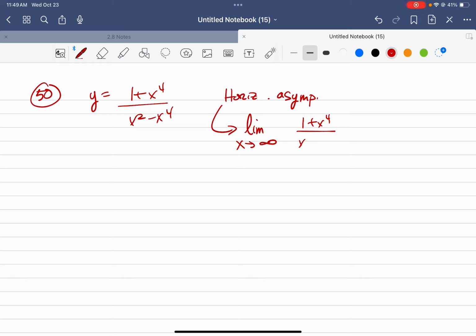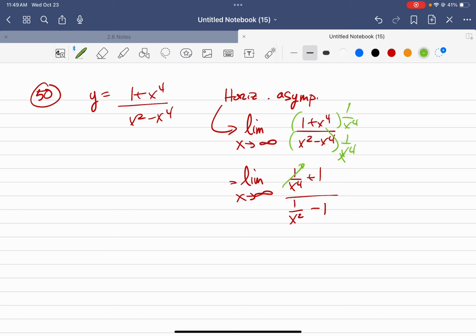I'll multiply by 1 over the highest power on top and bottom. That gives me the limit as x goes to infinity of (1 over x to the fourth plus 1) over (1 over x squared minus 1).